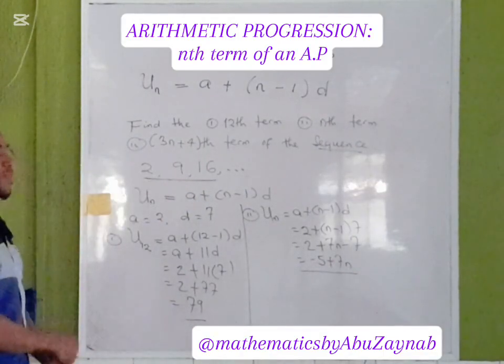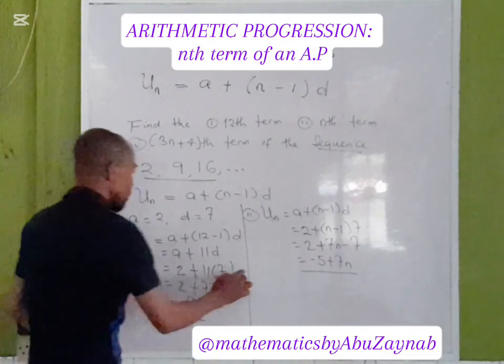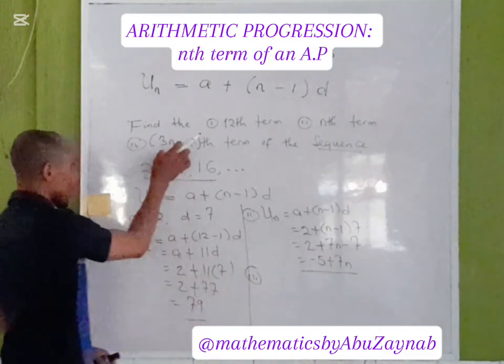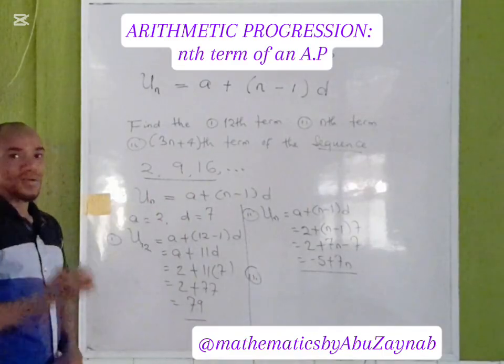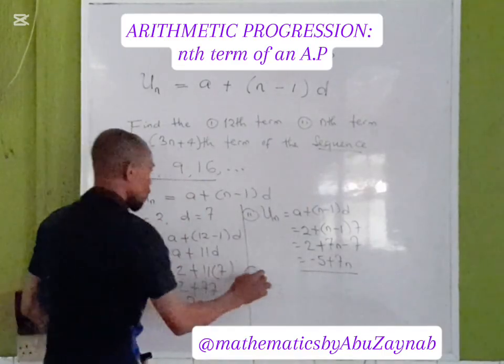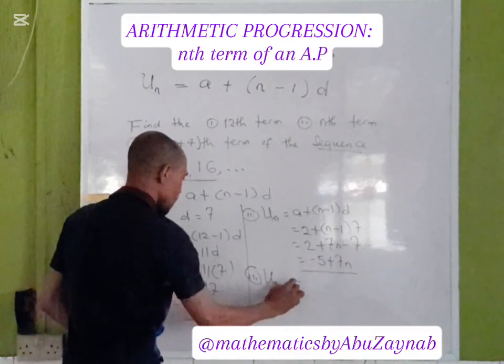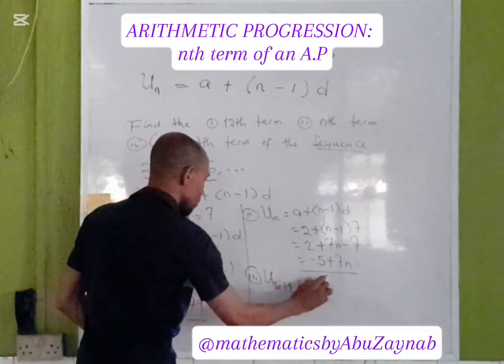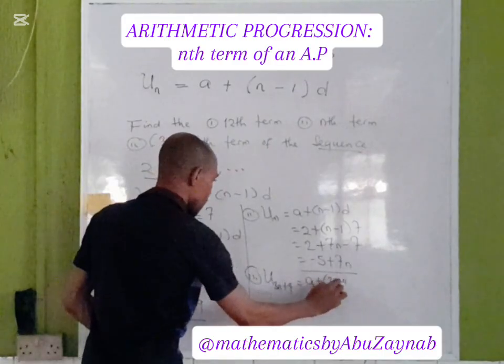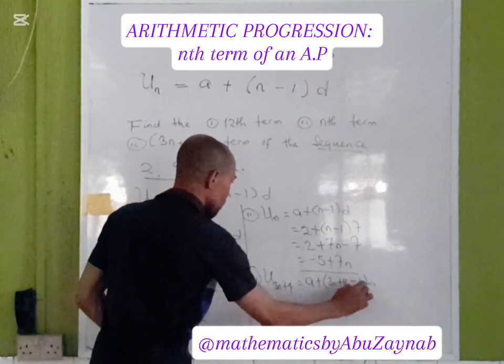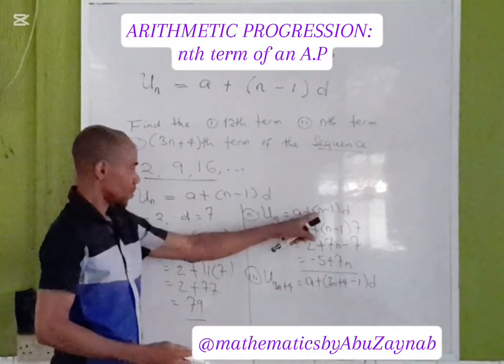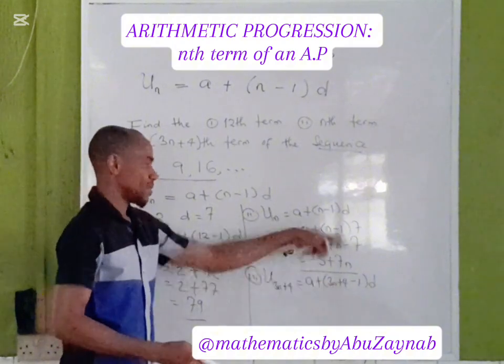And lastly, what's the 3n plus 4th term? So in this case, 3n plus 4 in its entirety replaces the n in the formula. So I'm going to have U of 3n plus 4. So anywhere I see n, I'm going to substitute 3n plus 4, then minus 1 in the formula. Look at that. 3n plus 4, that is the value of n, then minus 1.